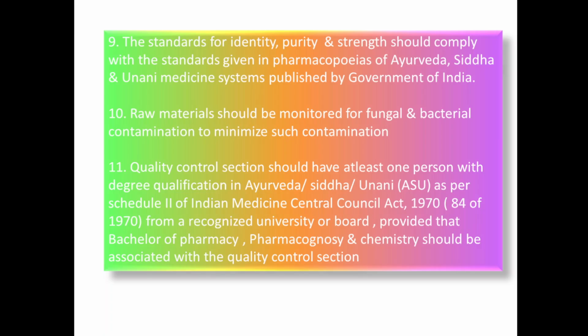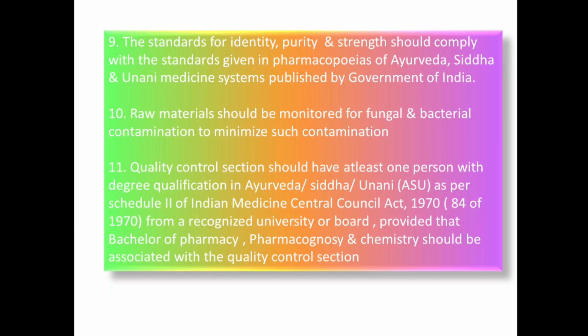The quality control section should have at least one person with a degree qualification in Ayurveda, Siddha, Unani as per Schedule 2 of the Indian Medicine Central Council Act 1970, 84 of 1970, from a recognized university or board, provided that a Bachelor of Pharmacy, Pharmacognosy, Chemistry should be associated with the quality control section.